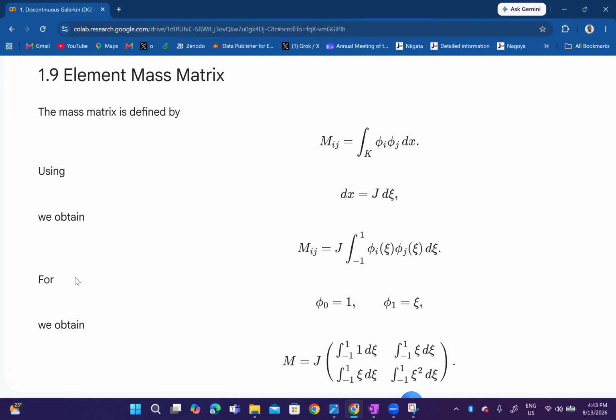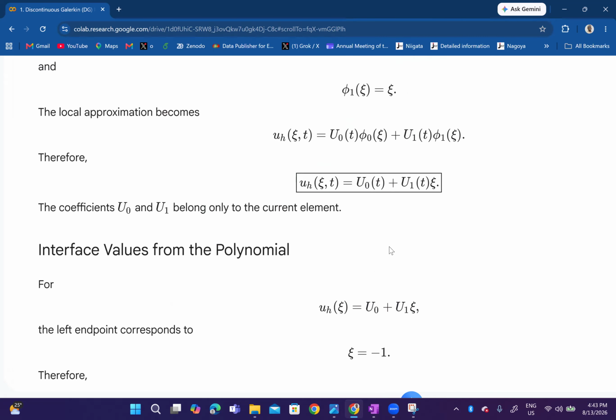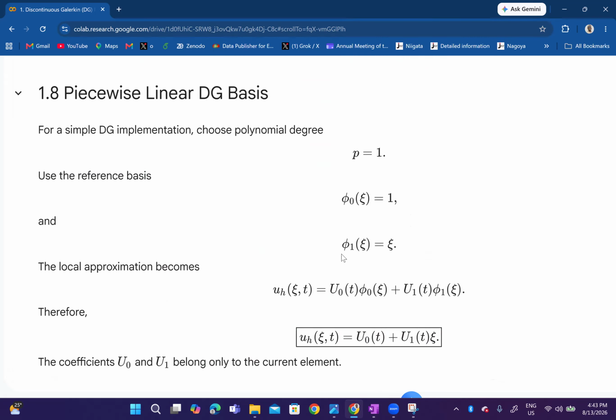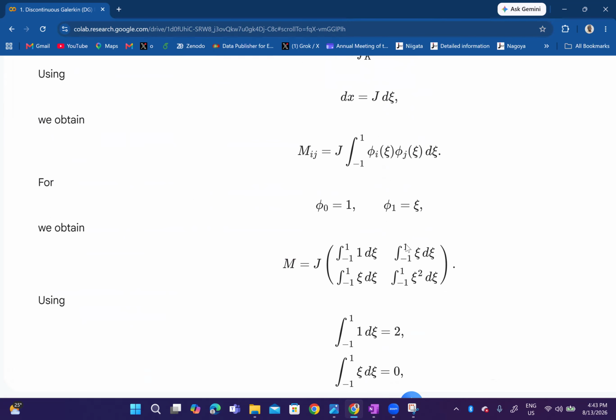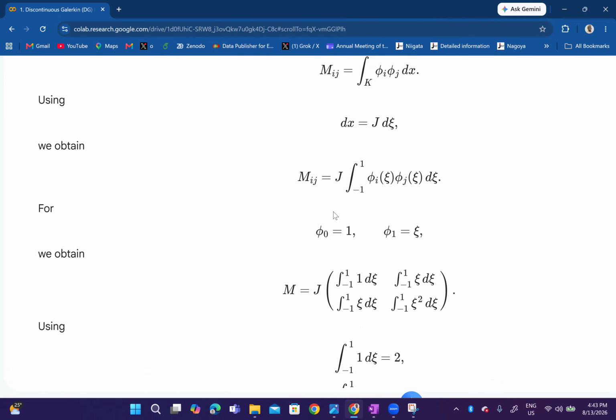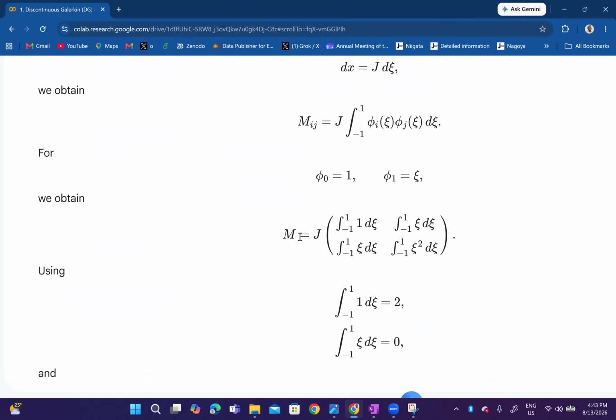Recall phi naught of psi is 1 and phi 1 of psi is psi. In that case, if you break all this up, you have the integral from -1 to 1 of 1 d psi, then the integral from -1 to 1 of psi d psi.